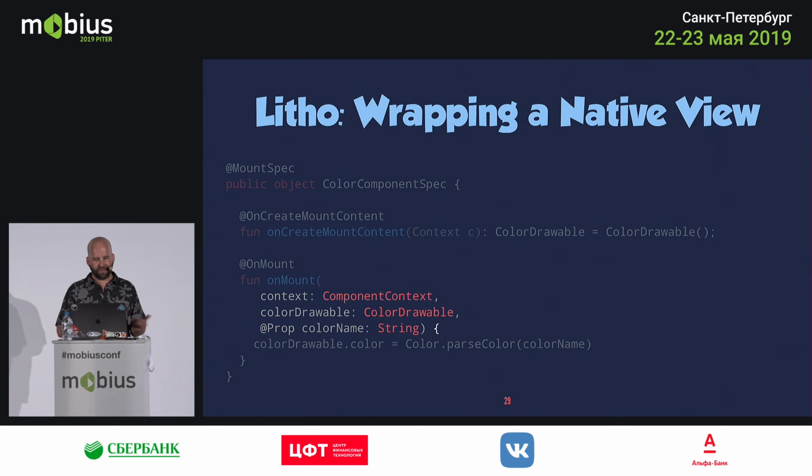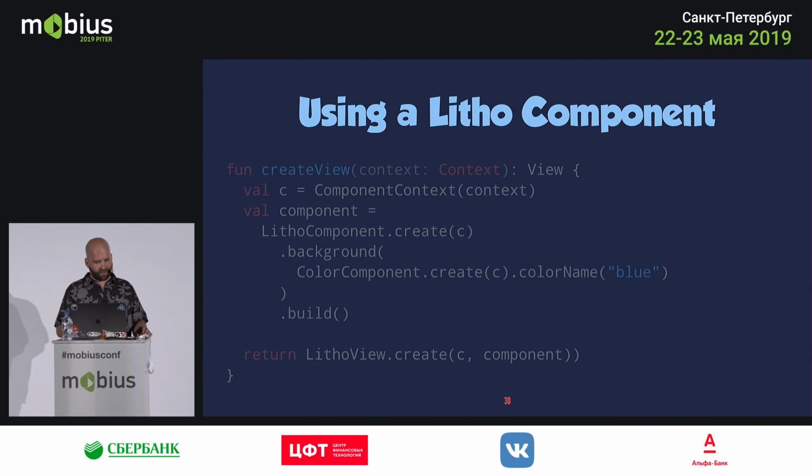Then you have this Prop annotation, again with the React similarities. Props are basically values that get passed into your components. This annotation, we'll see in a minute, causes Litho to give you a setter for this property. In this case, we just parse our color and assign it to the drawable. Putting it all together, this could be anywhere in your code.